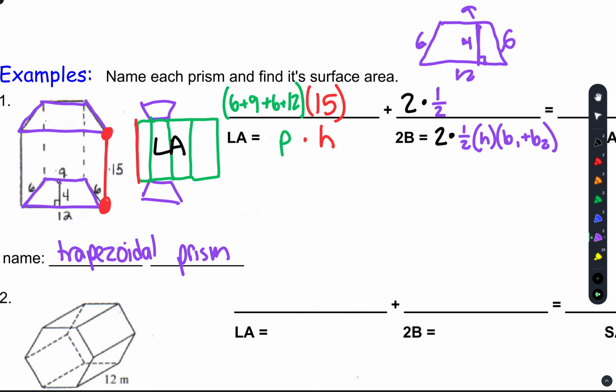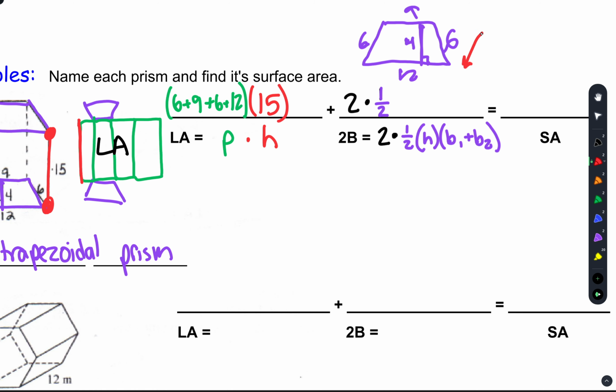Do we see that over here? When I'm talking area of the base, I don't care that it's 3-dimensional. I'm only caring about that 2-dimensional figure. So maybe put yourself an angry little comment over here. Angry face. The height is not 15 in this part of our problem. The height is 4.